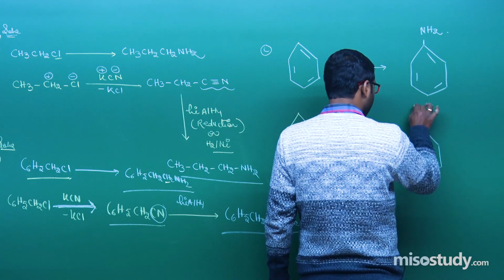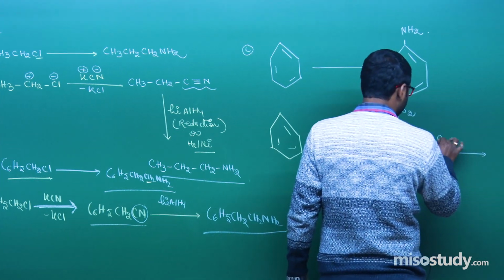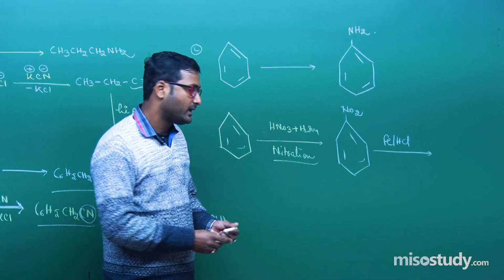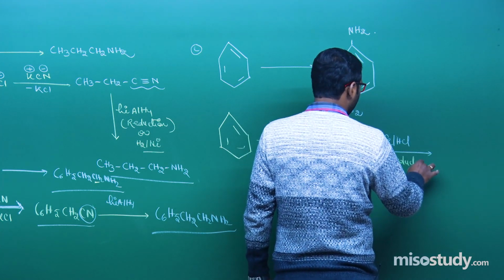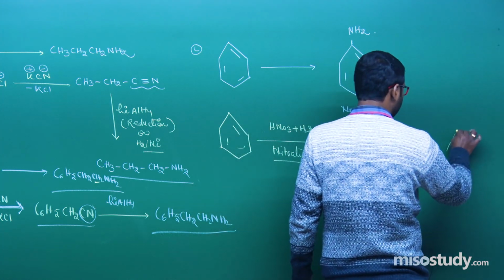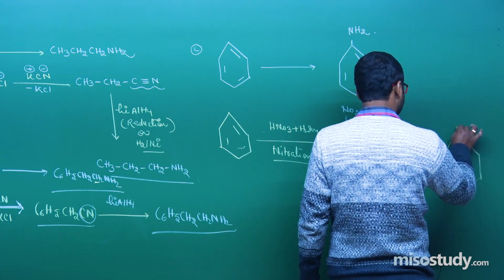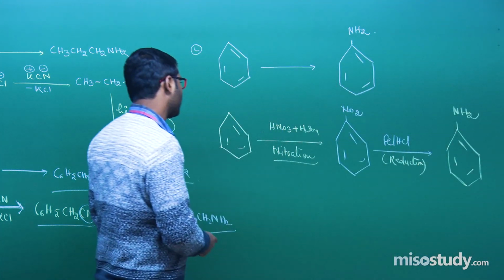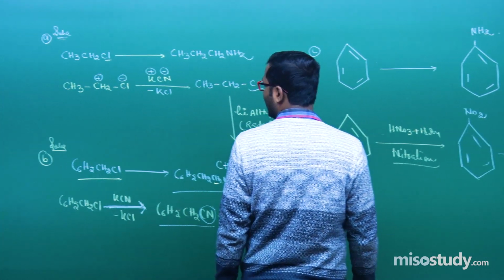Further, the reduction, the process is reduction, will give you aniline. The product is aniline. Clear? Now the next one is benzene into N,N-dialkyl aniline.